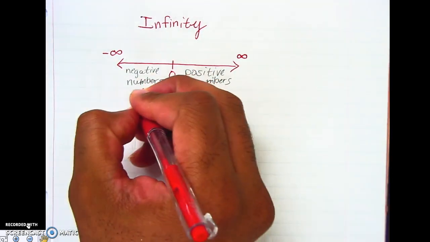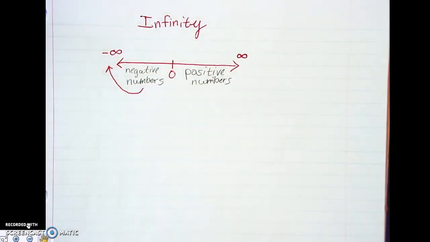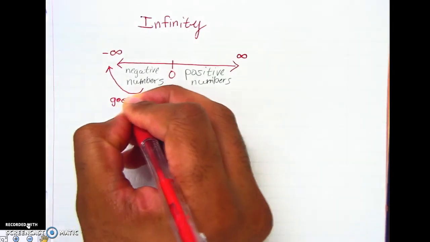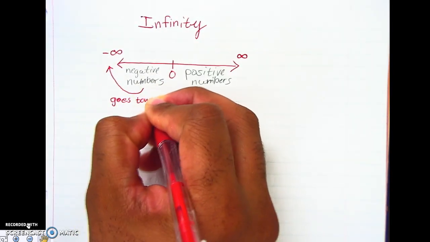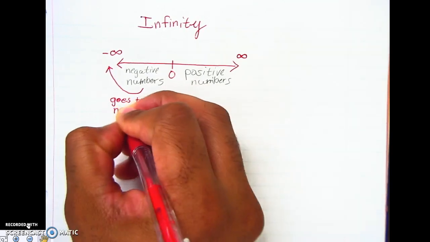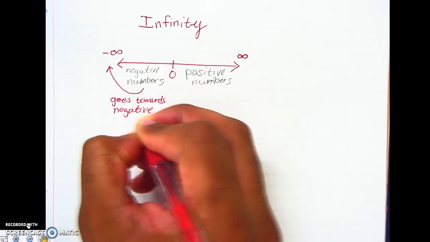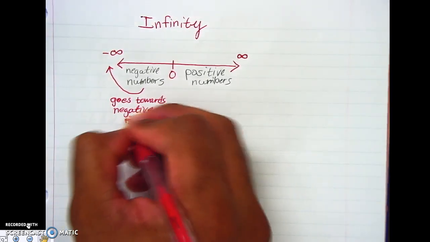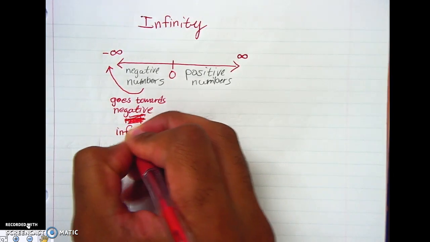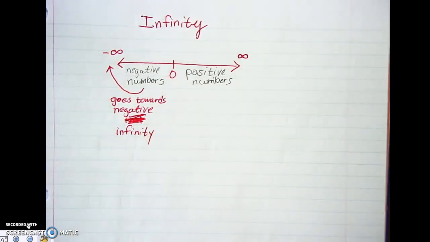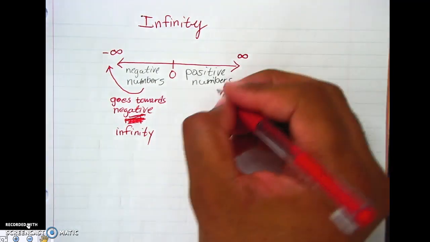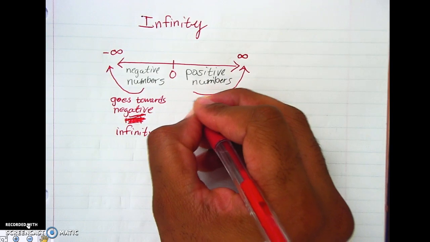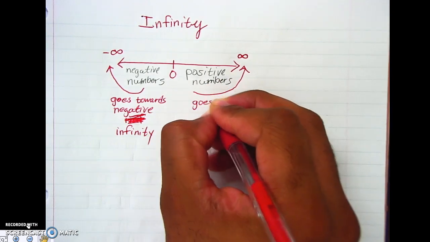Everything on the left side goes towards negative infinity. And on the right side, sorry guys, infinity. That's why you don't write in pen. And this side over here goes towards positive infinity.